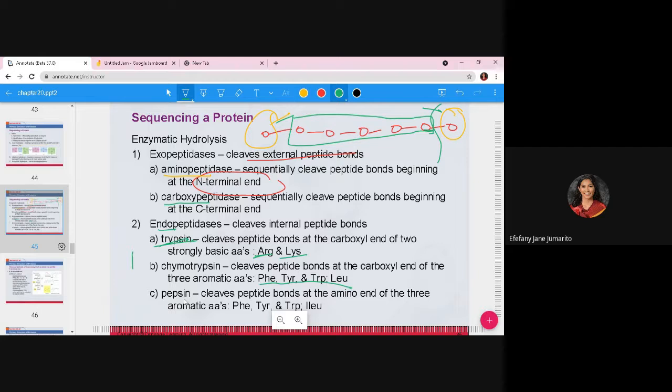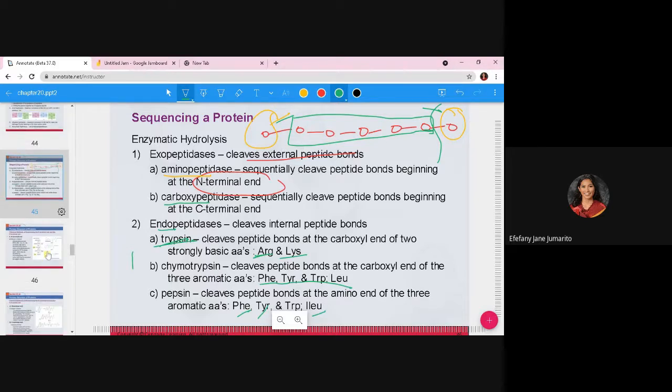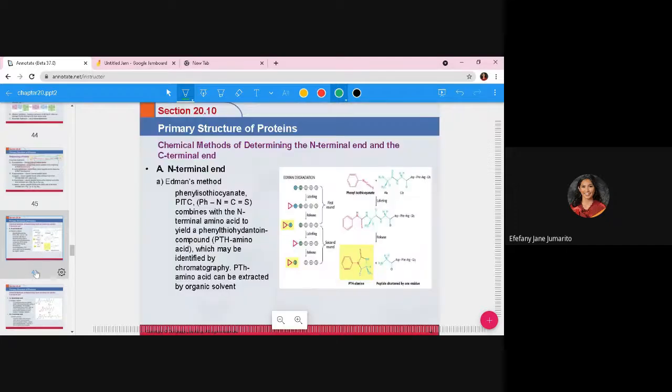Then, for the pepsin, it cleaves phenylalanine, tyrosine, tryptophan, and isoleucine. Okay, so we have the enzymatic hydrolysis, exopeptidases, and the endopeptidases. They cleave the amino acids.